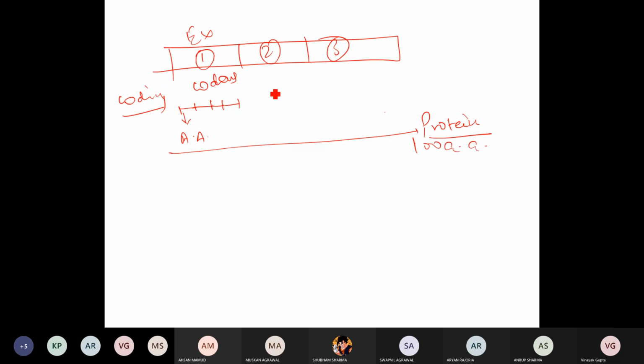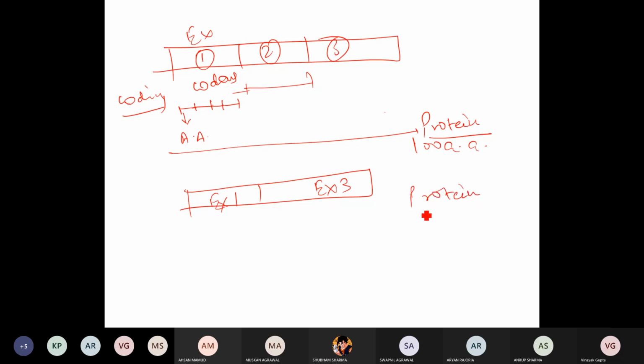Now, if by mutation this exon is skipped, only 2 exons are there, the first one and the last one. This exon is missing completely. So how many amino acids will be there in the protein now? There will be a deletion of so many amino acids, because each exon is responsible for a certain number of amino acids.